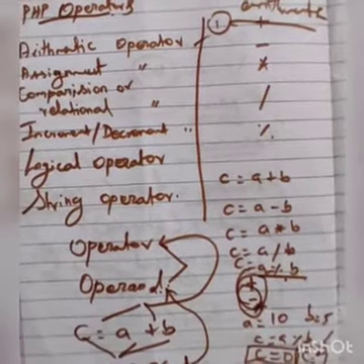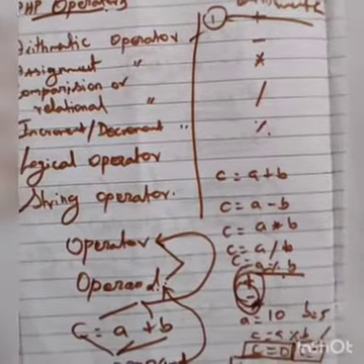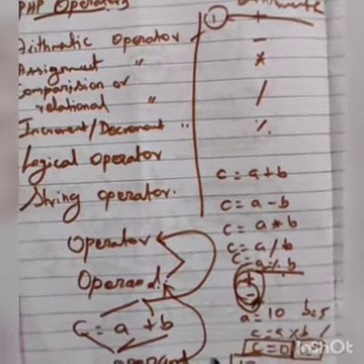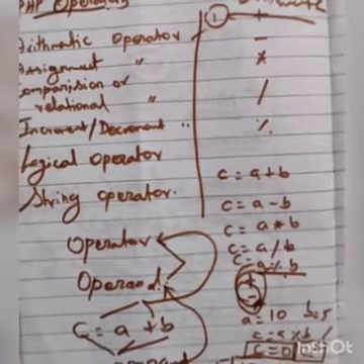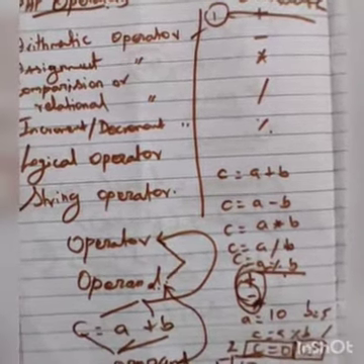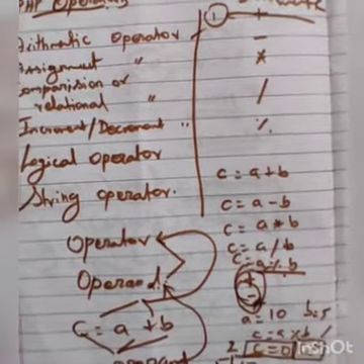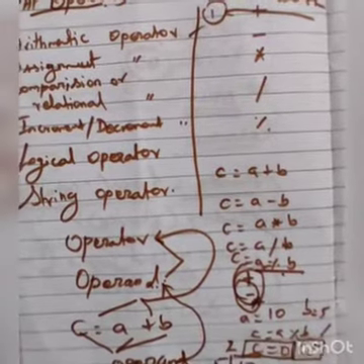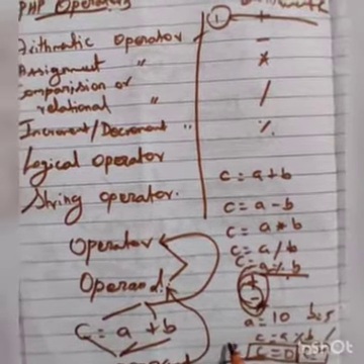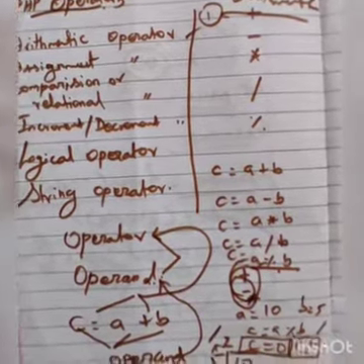Now modulus: see here, 10 and 5. How many times does 5 go into 10? 2 times. 2 times 5 is 10, so the remainder is 0, 10 minus 10 is 0. So the modulus operator gives this answer, the remainder. The division operator gives the 2.